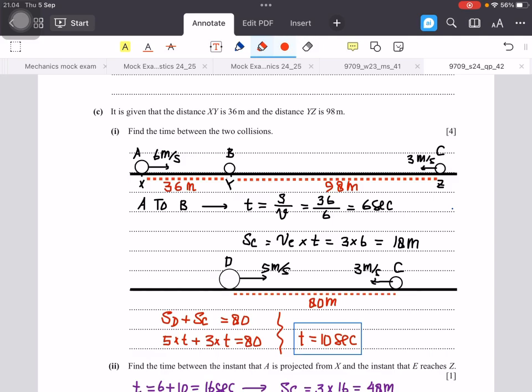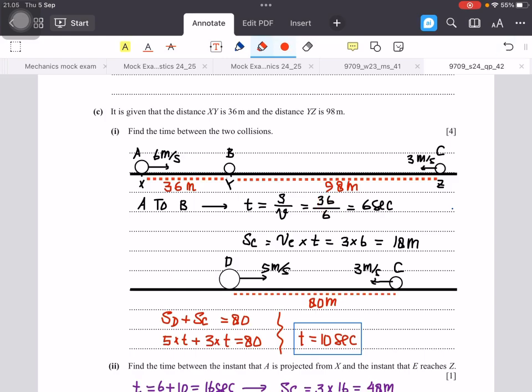So first, the collision between A and B. First, we need to find the time A takes to move from X to Y. Since A moves with speed 6 meters per second and the distance between X and Y is 36 meters, the time taken by A is equal to 36 divided by 6. It is 6 seconds.